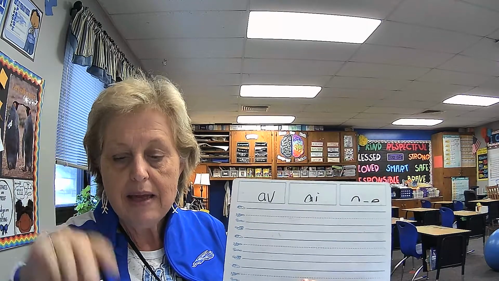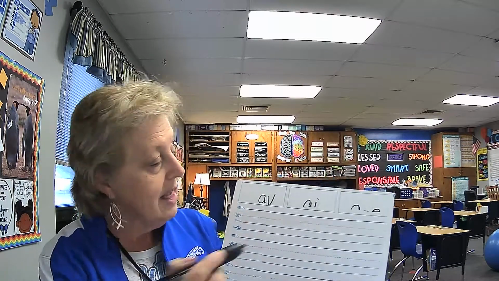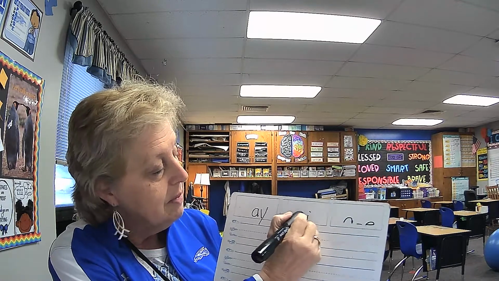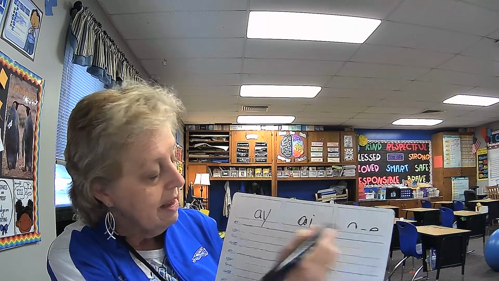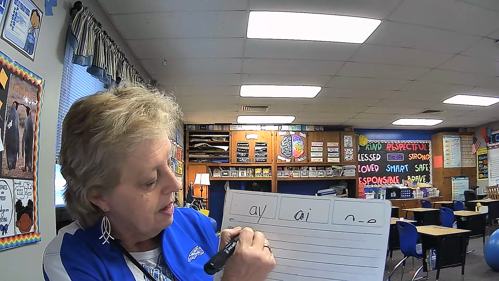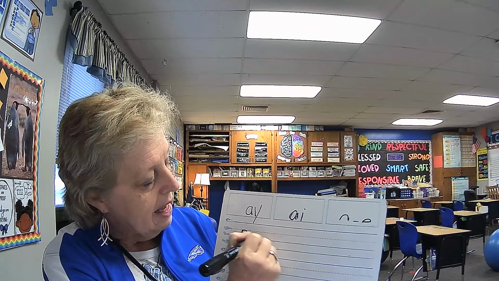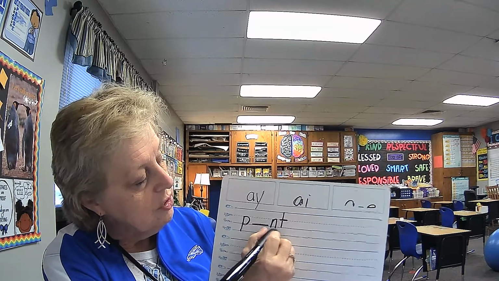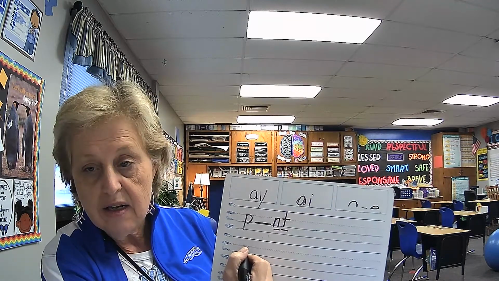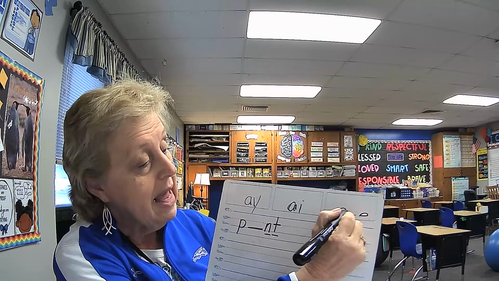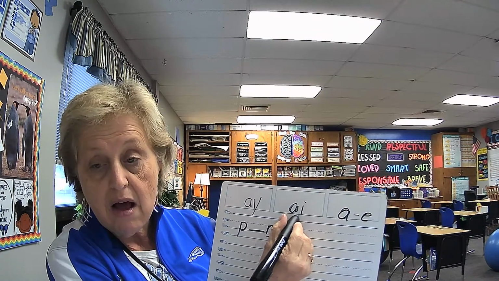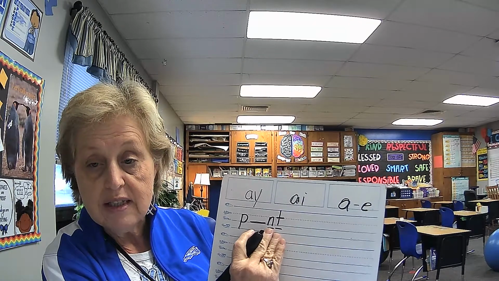Paint. Well, it has a consonant sound at the end, so it can't be AY. It either has to be AI or AE. Paint. Now it has two consonants at the end, so it can't be a consonant E. It has to be AI because of two consonants at the end.